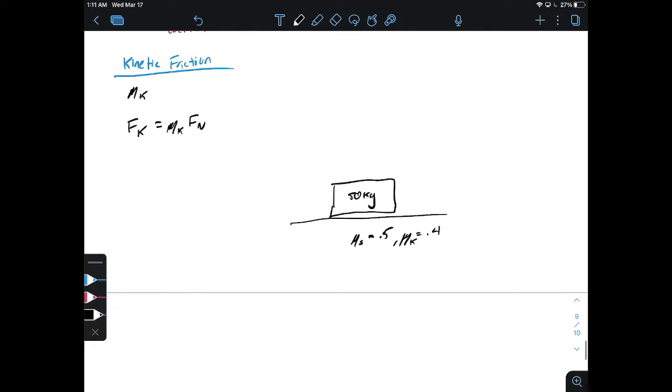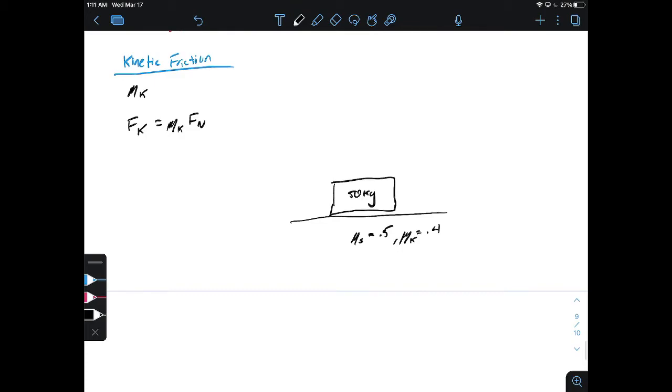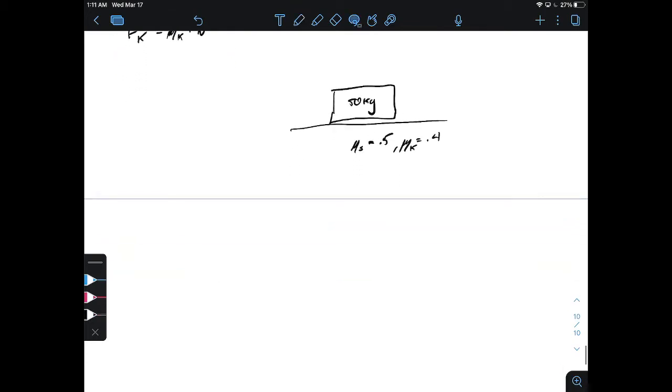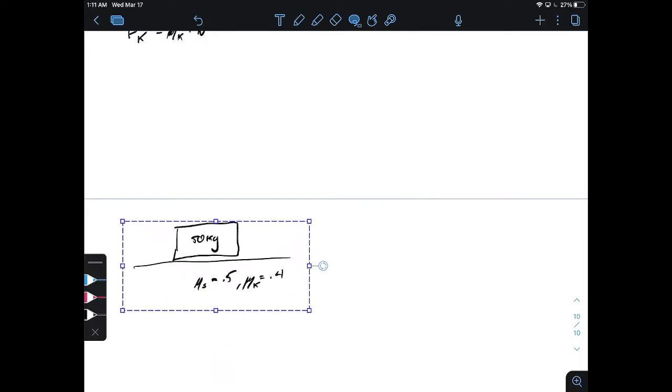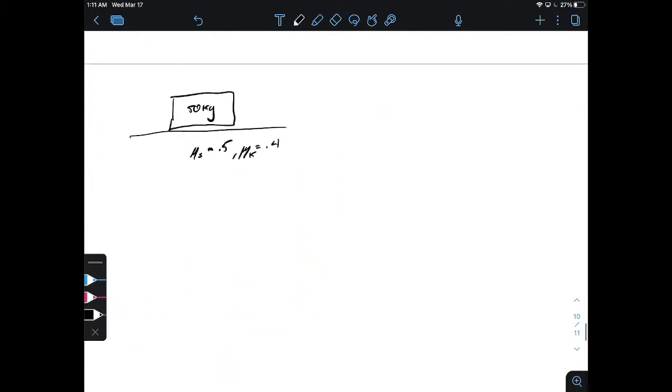So our first question is going to be, okay, actually we'll just move this to a new page. We got a box, and we have a 200 Newton force to the right. And then we're going to be asked, calculate acceleration.